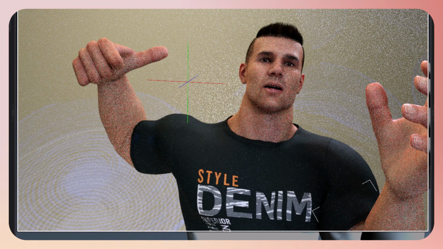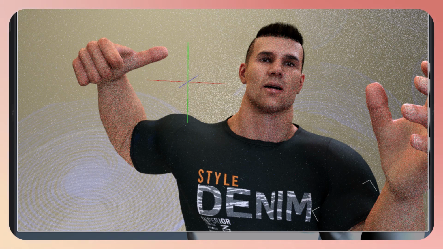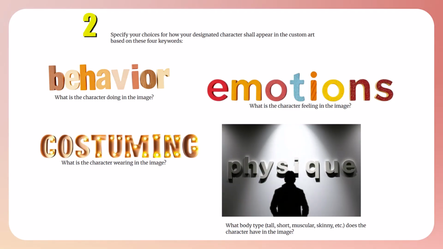But you get the idea. 3 or 4 different examples I've shown you here as far as what a character like Tattoo Guy could wear in the images that you want from me. So that covers costuming. What is the character wearing in the image?